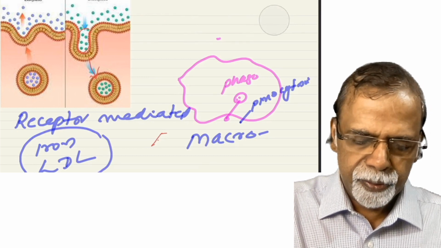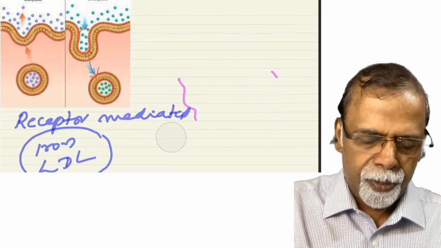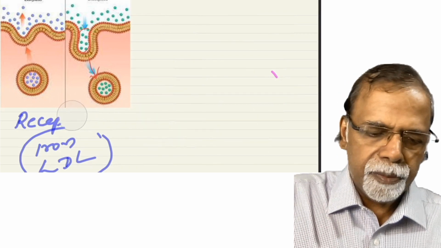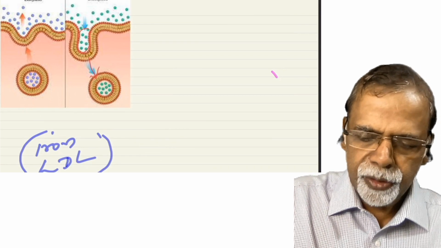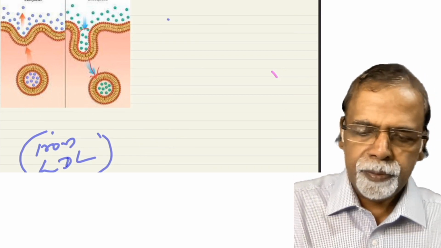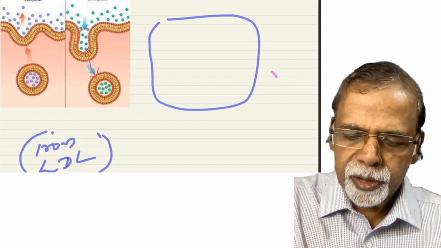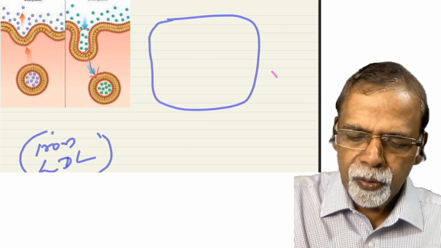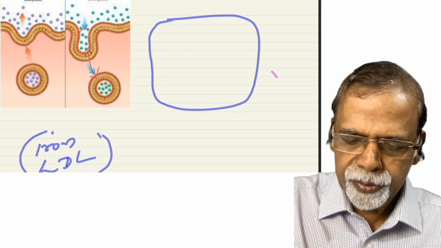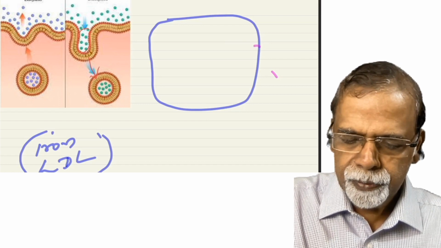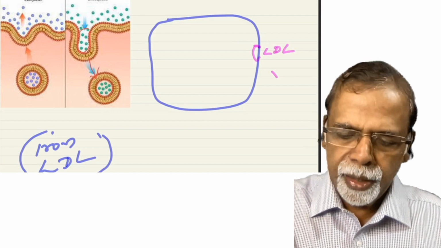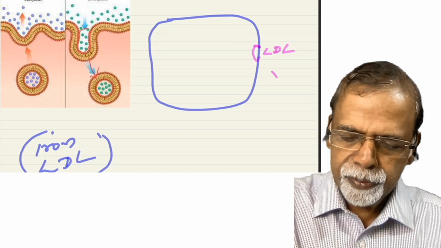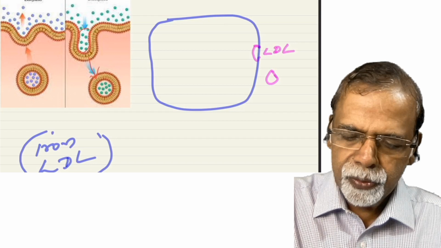So let us take the LDL. This is a liver cell. Liver cell has got certain receptors called LDL receptors. When the cholesterol containing LDL reaches here, this will get attached to the receptor.